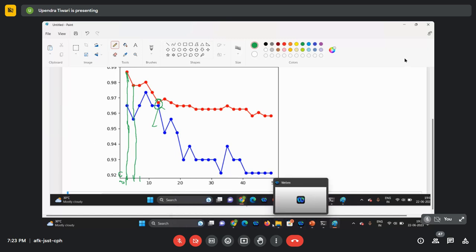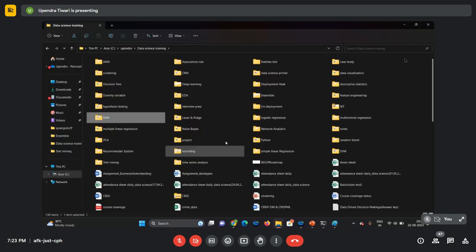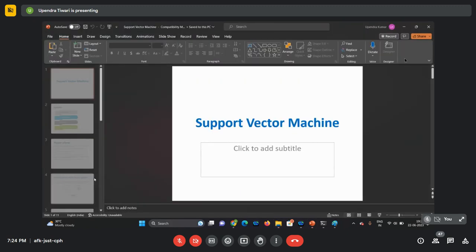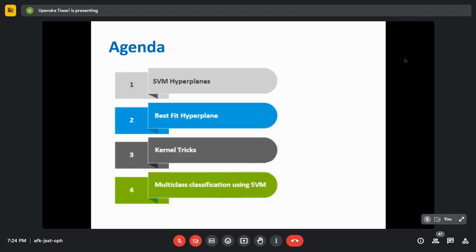Let's talk about the support vector machine now. So we are trying to do this SVM.